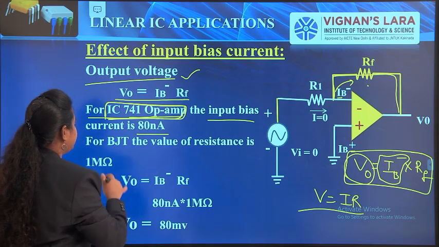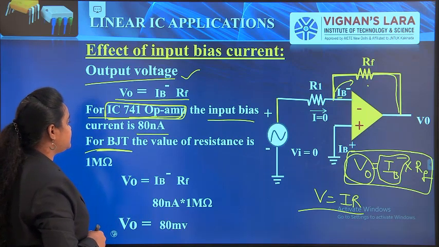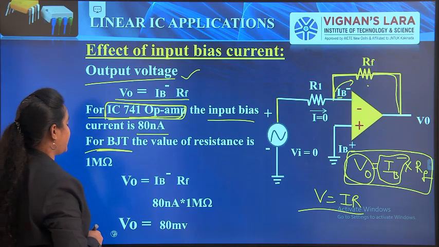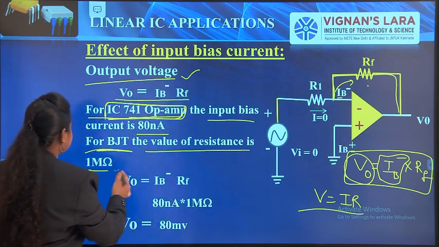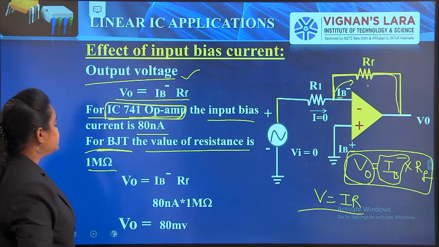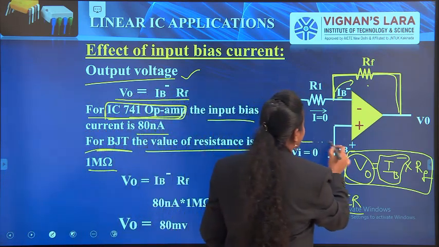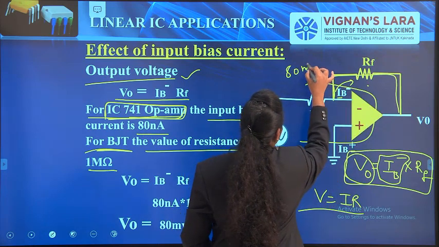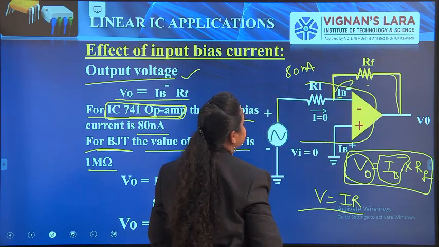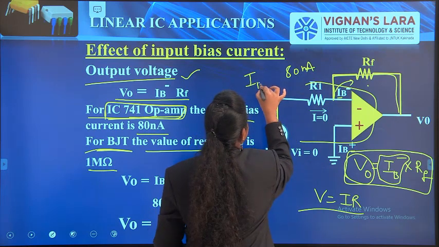For the BJT transistors used in the IC741 op amp, the value of resistance we are going to use is 1 mega ohm.